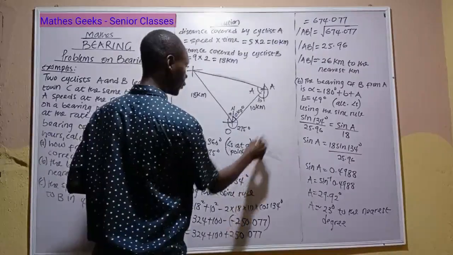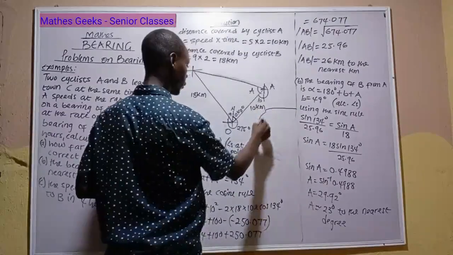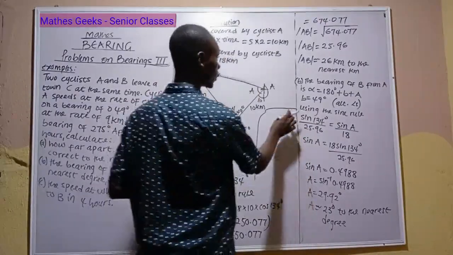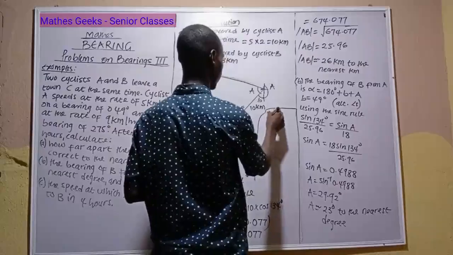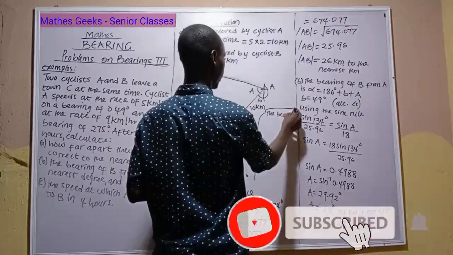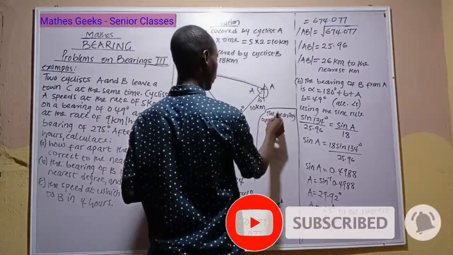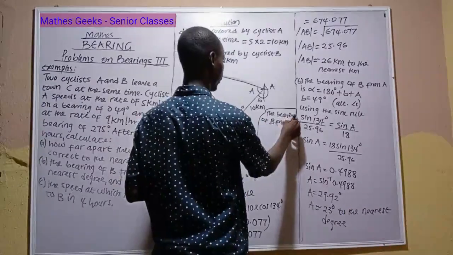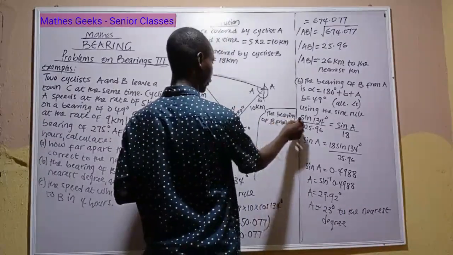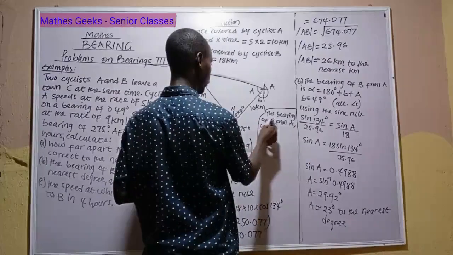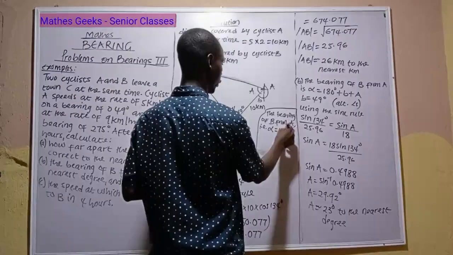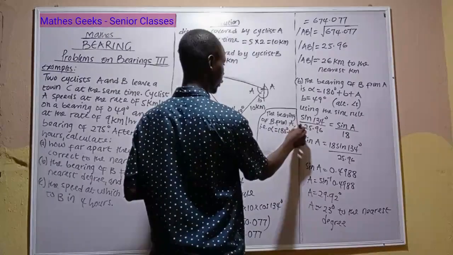So the bearing of B from A, that is alpha, is equal to 180 degrees plus B plus E.